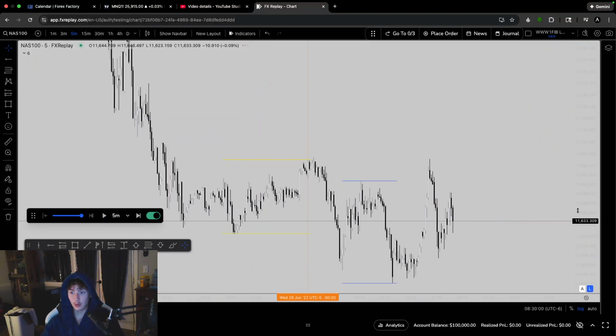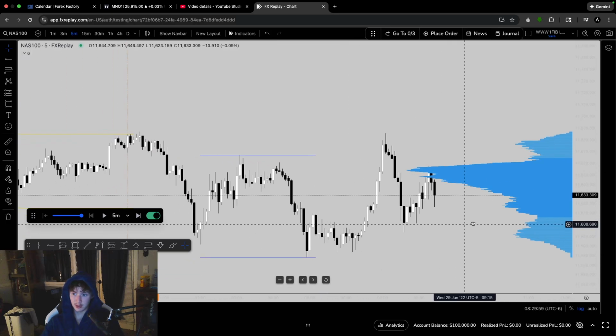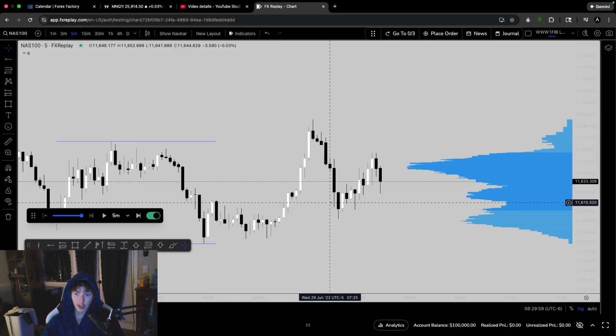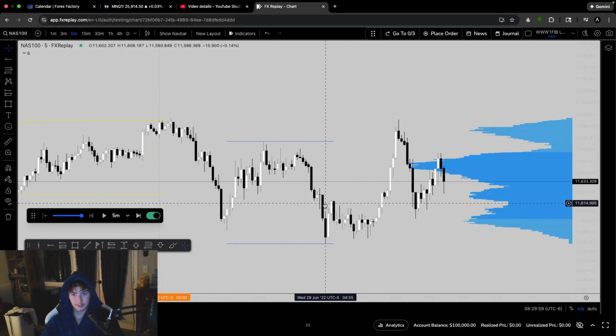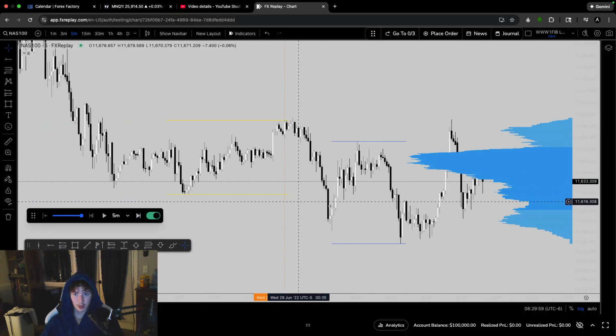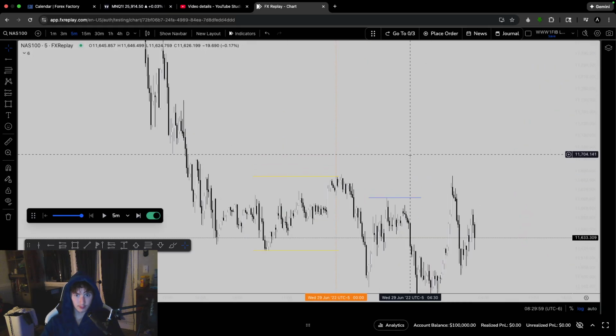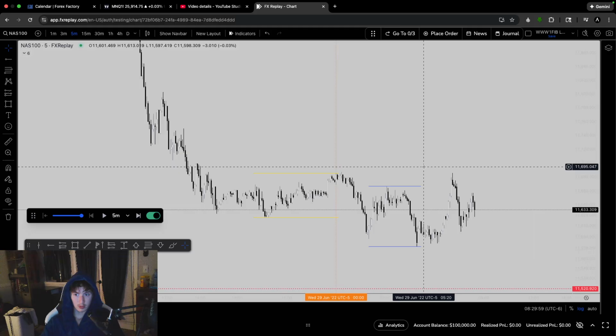let's see what we got going on. Do we have any low volume nodes? That's what we're really looking for. Looking for that low volume node. None that I see. No real... oh, there's a low volume node right here. Okay, let's test this.